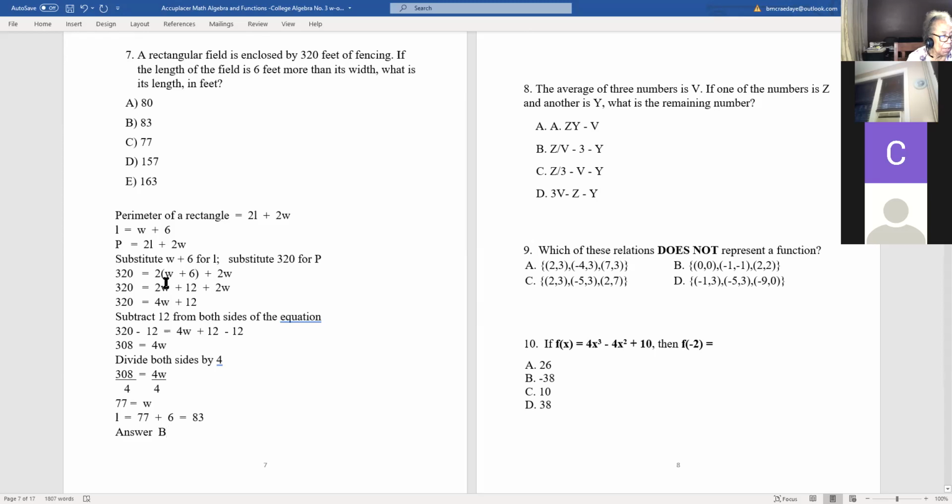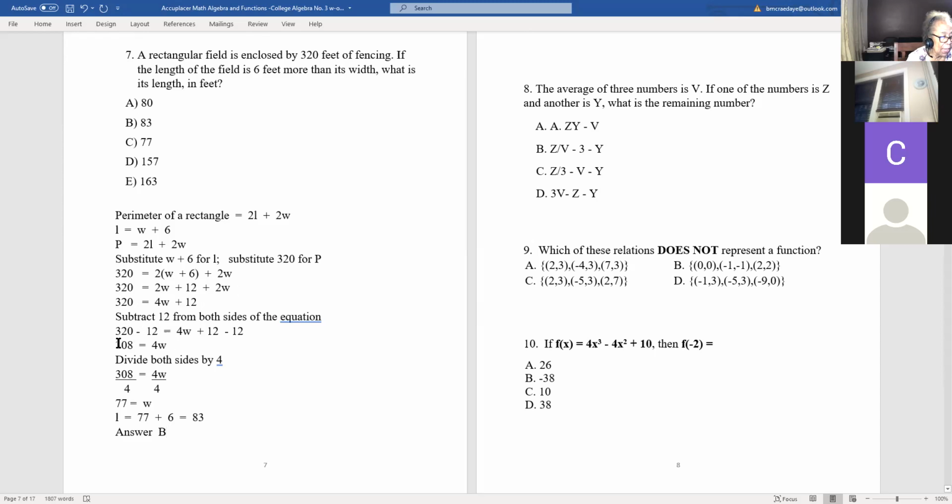So 4W plus 12 is 320. Now I need to solve for W, so I subtract 12 from both sides. On the left side, I get 308. On the right side, a plus 12 minus 12 is 0. So I'm left with just 4W.